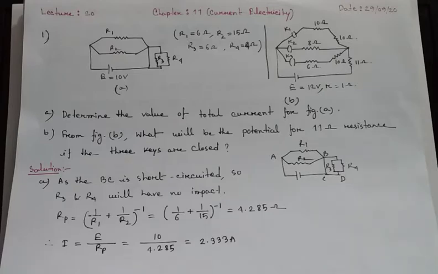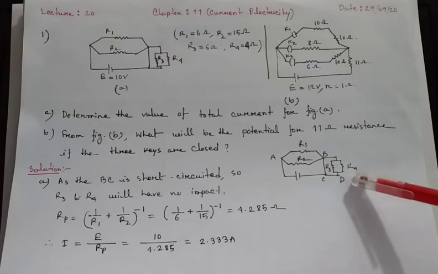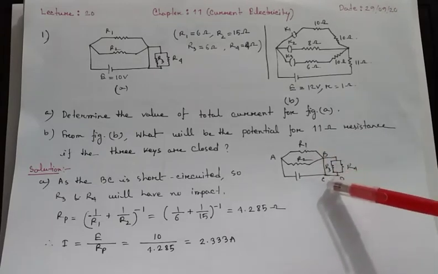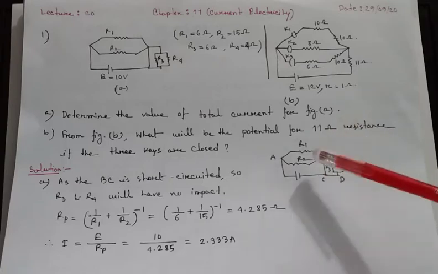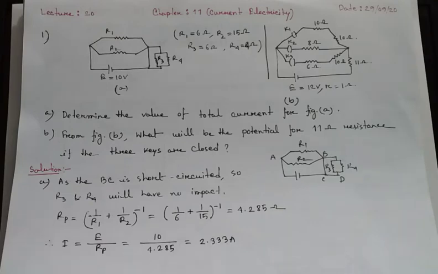So though a combination of resistors is used here, before that there is a short circuit way. That's why the current will pass in this way, and these resistors will have no impact in this circuit. So now the calculation is very clear to us.